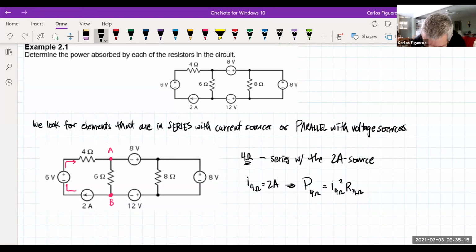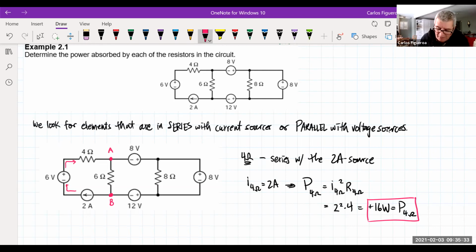So in this case here, this value is going to be 2 squared times 4. So I got 4 times 4. I'm going to get positive 16 watts. And I now know what the power is of the 4 ohm resistor.